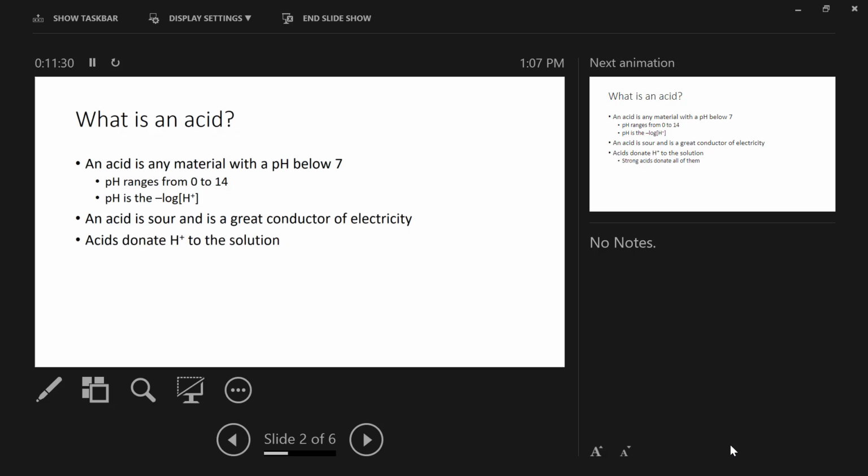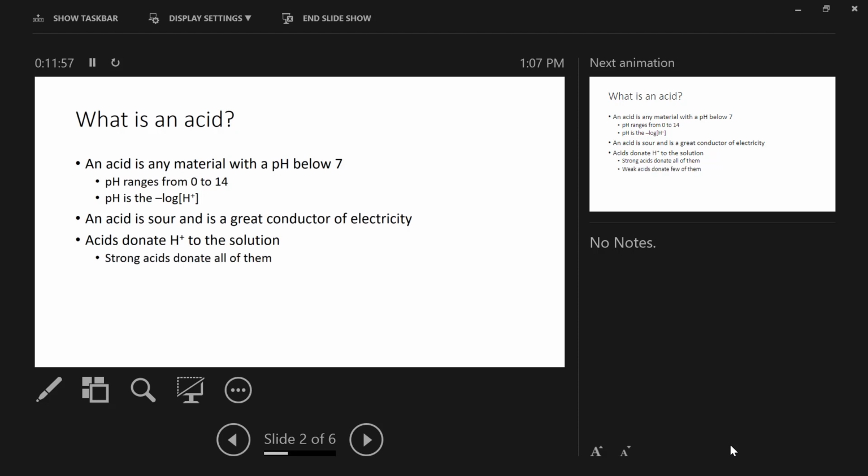Last way that we're going to define an acid is this way. Acids are materials that donate hydrogen ions to the solution. Okay, so we have 2 different types of acids.